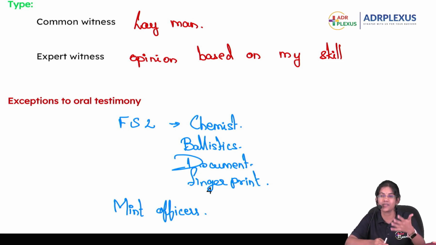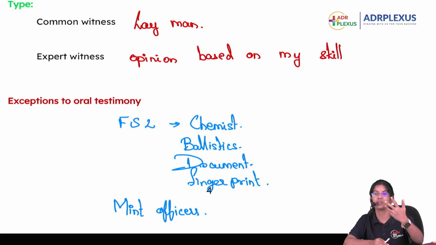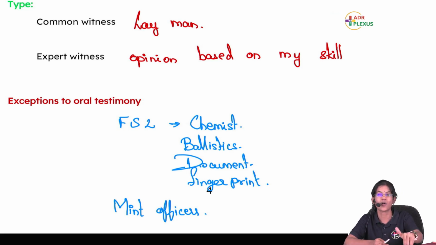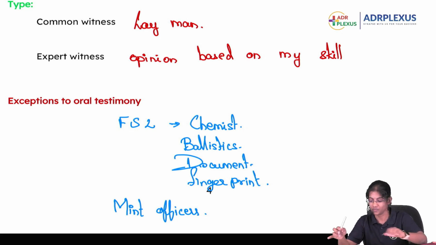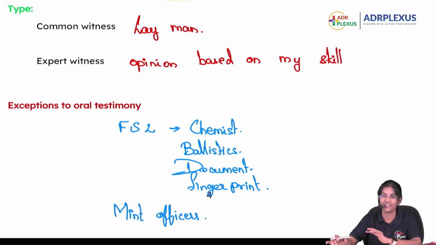So that's why they don't call. Similarly it goes for the document experts. They have a scientific background applied with the help of machines too. Whereas we as doctors, we see something, we interpret it. What we interpret today might even change for us after 10 days based on our knowledge and expertise, right? So that's why we are called to the court. Okay, mint officials again are not called to the court on a regular basis.